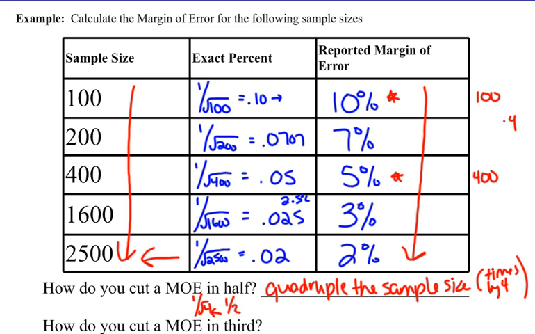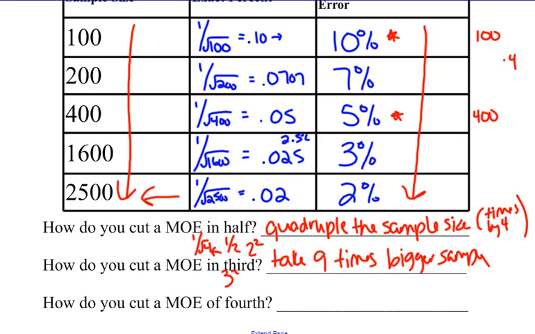So then how do you cut a margin of error in a third? You're going to take it times 9 and do a bigger sample. So 3 squared is 9, 2 squared is 4. See the pattern here? So then how do you do it to a fourth? Well, what's 4 squared?